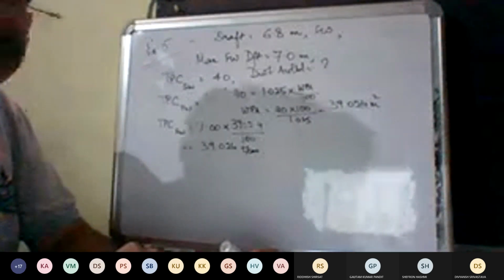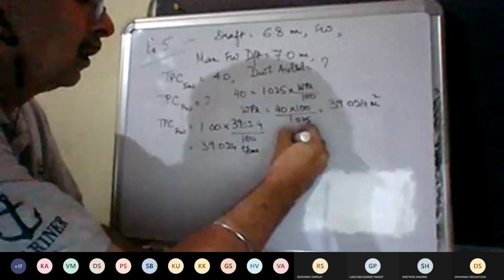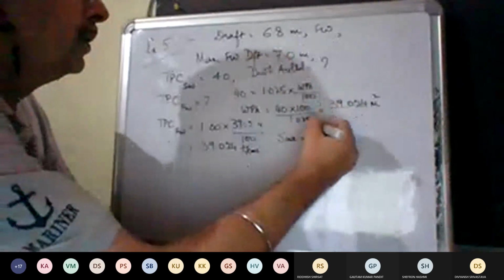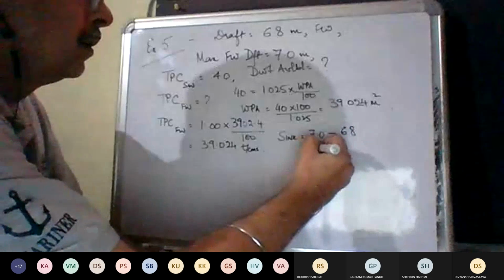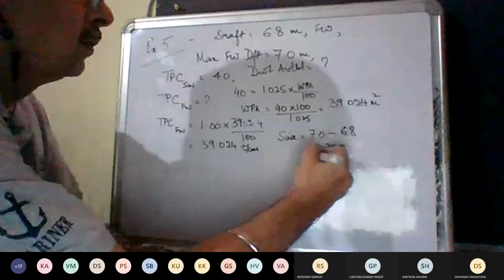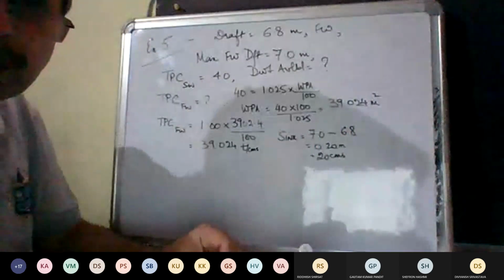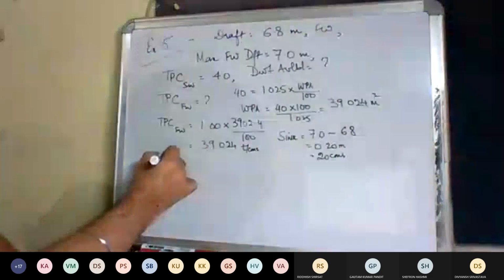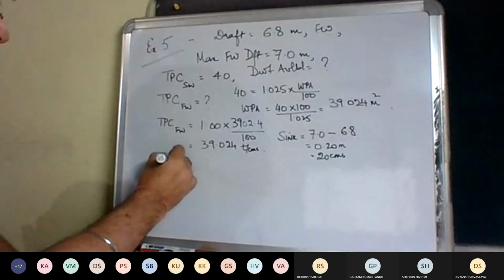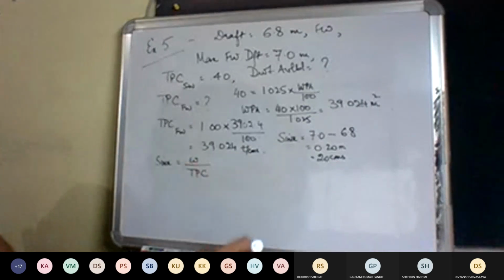Now, how much is the sinkage which is allowed? Sinkage allowed is 7 minus 6.8, which is 0.2 meters, equal to 20 centimeters. So I know sinkage is equal to small w upon TPC.